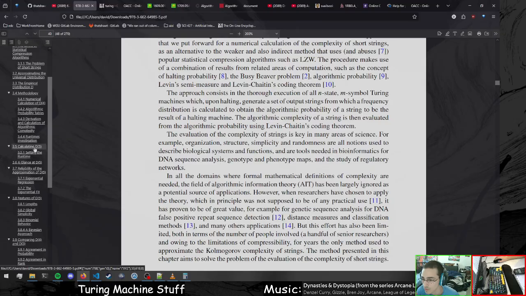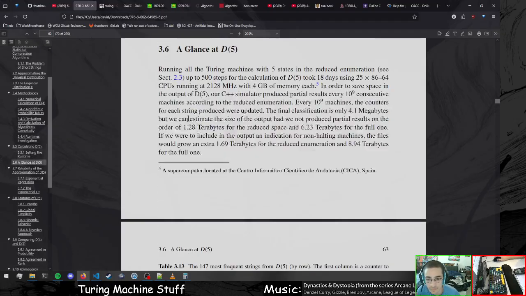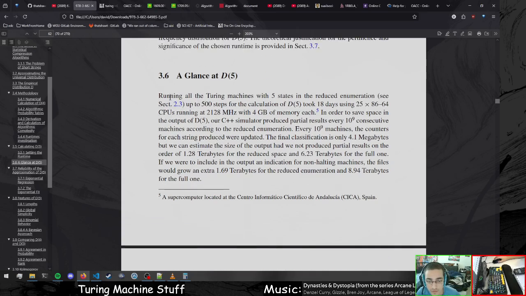What is it? Bro, they even calculate D5. Jesus, terabytes? Oh my god. This is crazy. They had a bunch of CPUs.